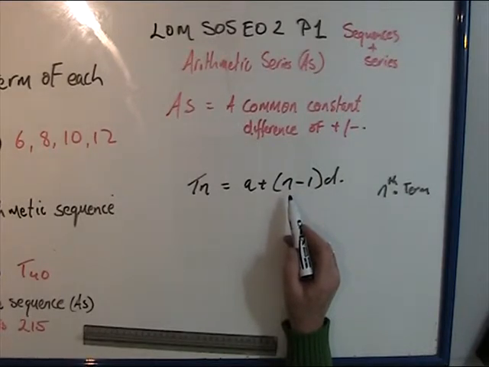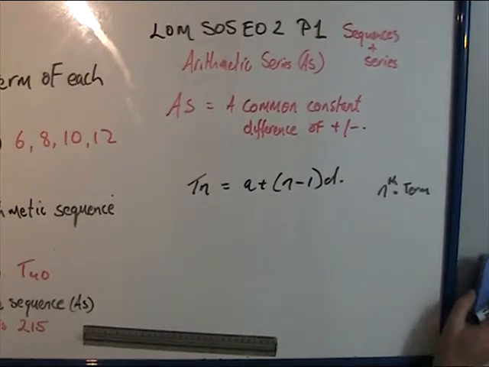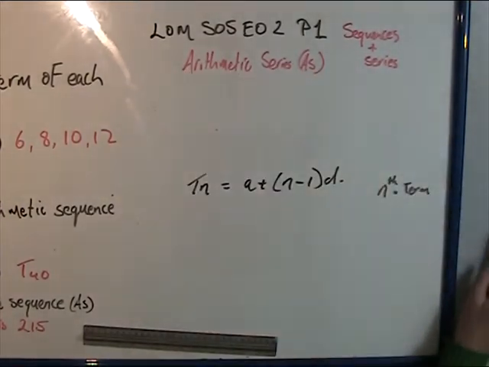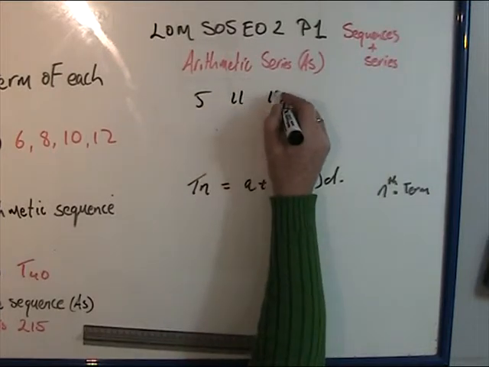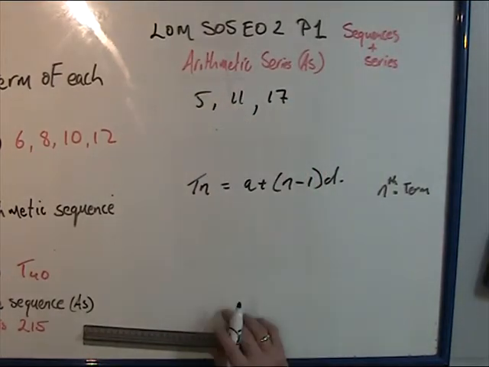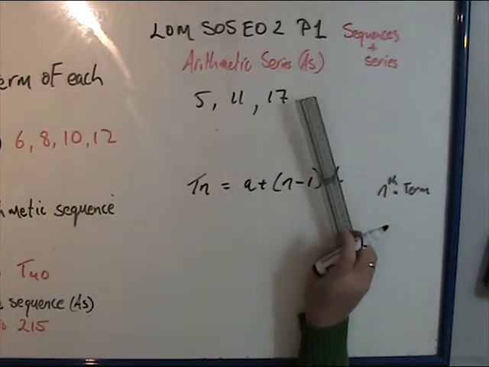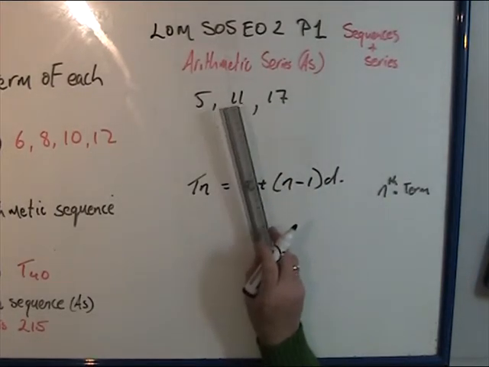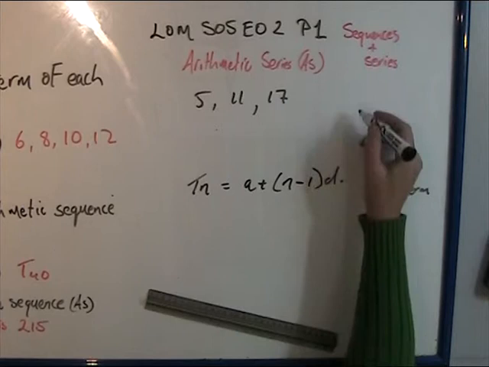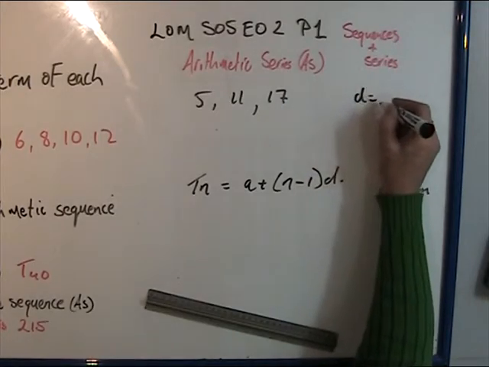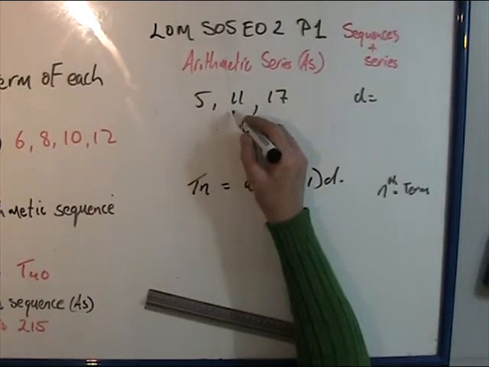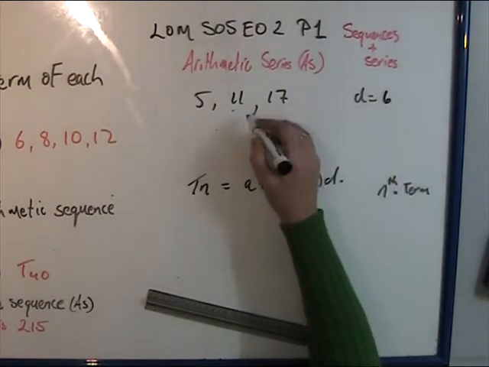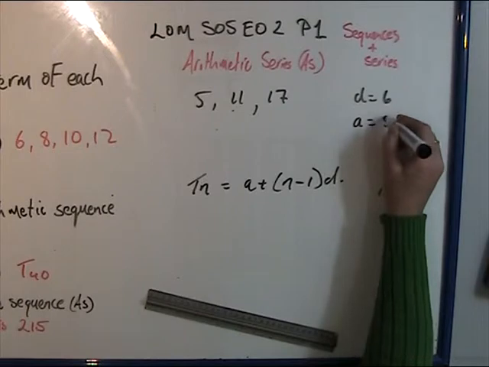So we're going to have a look at a sequence of numbers: 5, 11, 17. You can decide yourself that that is an arithmetic series, because there's a difference of 6 here. So let's get used to it. What's the difference? D is equal to 6, from 5 to 11, and A is equal to the first term, which is 5.